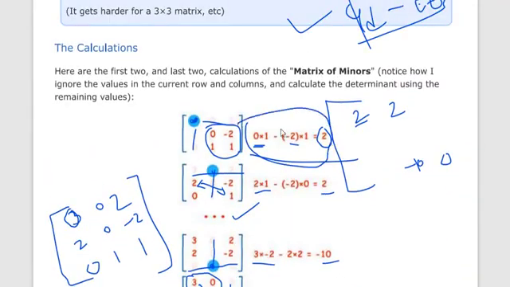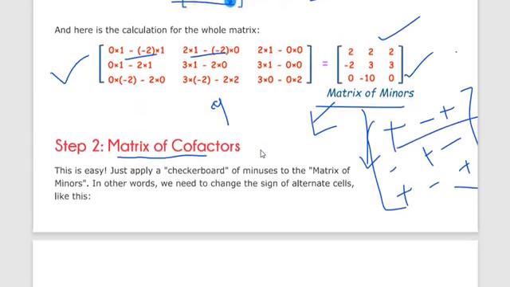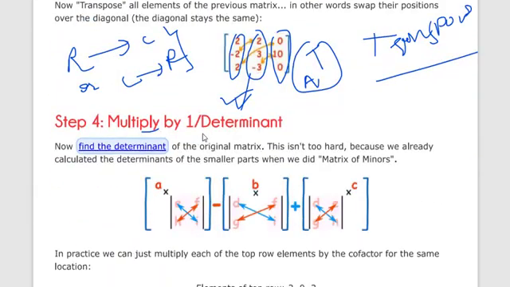Here we found the determinant of a 2 by 2 matrix, but we have to find the determinant of matrix A, a 3 by 3 matrix. We have already discussed in the past lecture and past semester how to find the determinant of a 3 by 3 matrix. So we take the first row, ignore the other column, and find this determinant.